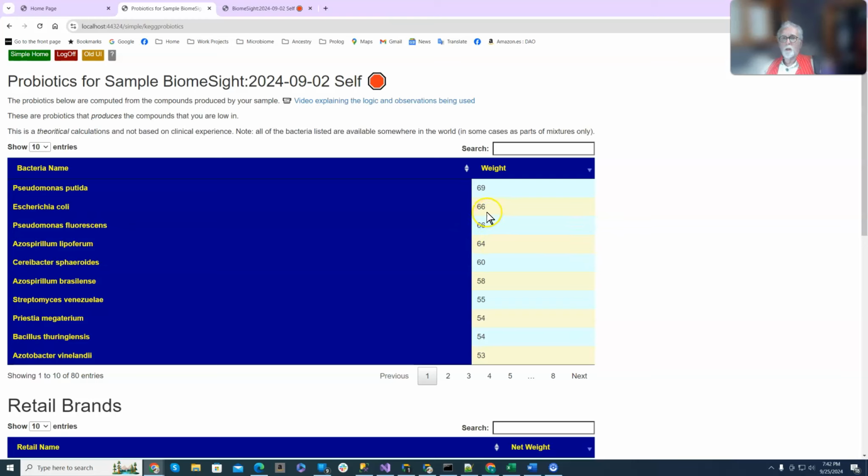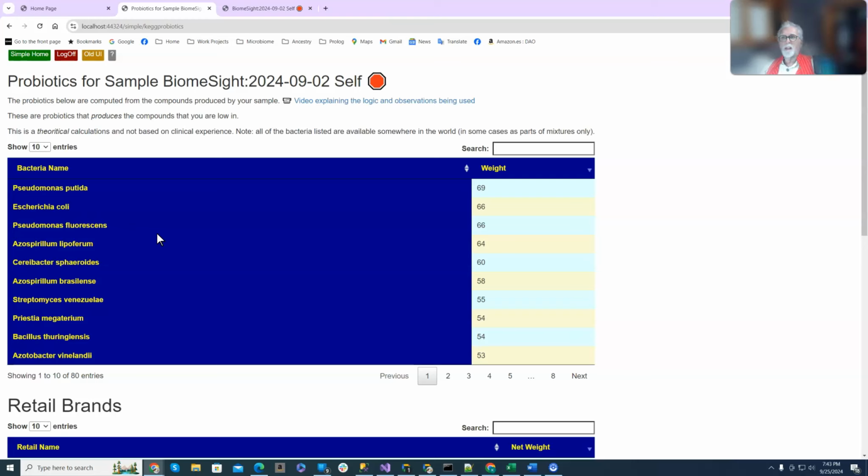The number here says that 66 of the compounds you're low in will be provided by E. coli, or 69 by the Pseudomonas putida. Now, every one here is available somewhere in some probiotic somewhere in the world.